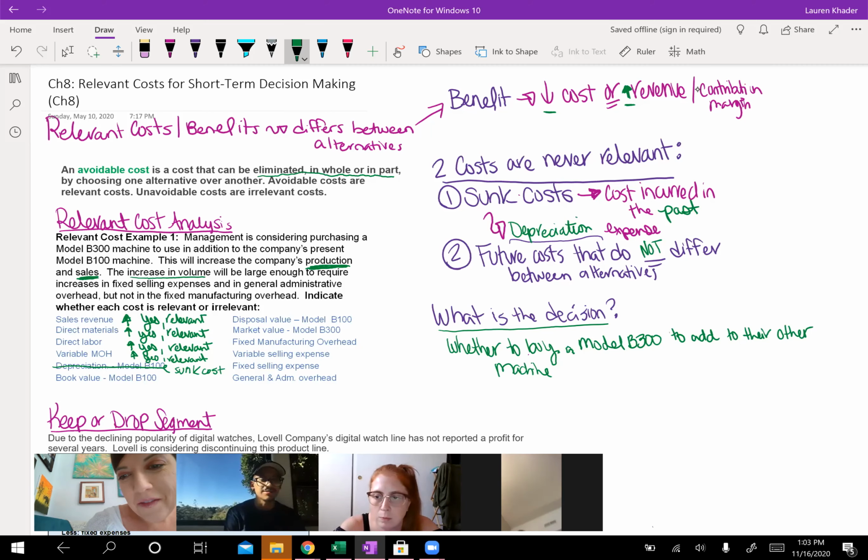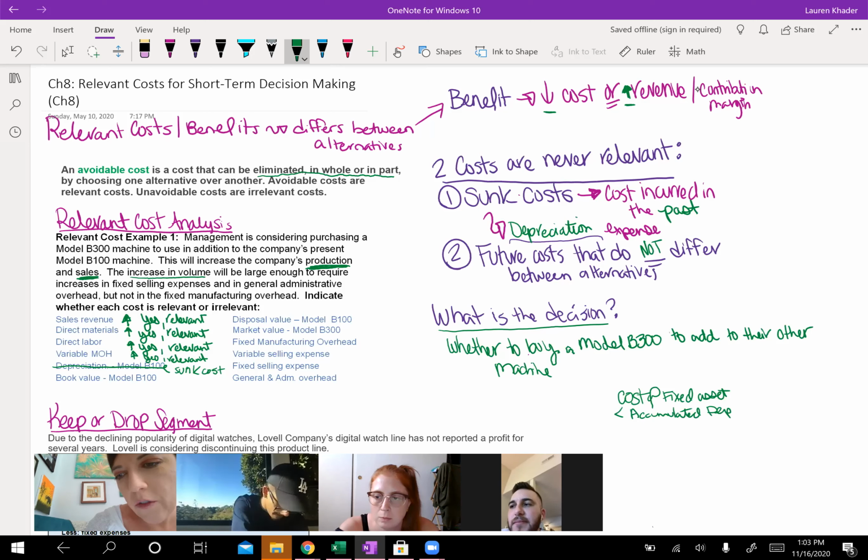Isn't that the price we paid for it or the price it's worth now? It's the value of the asset to our books. So it's a calculation: cost of the fixed asset minus accumulated depreciation, how much depreciation expense we've taken on the asset so far, gives us book value.